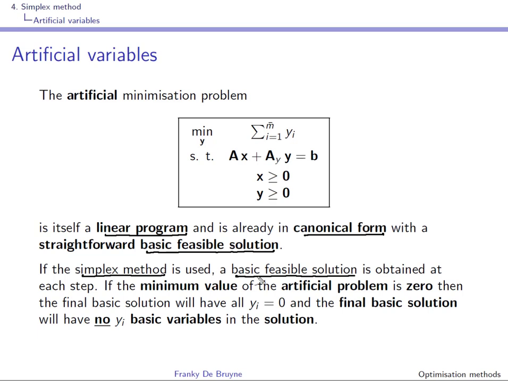If the optimum corresponds to a 0 cost, this means that all the artificial variables will be 0. So you'll find a final basic solution that is feasible, of course, and in which all the artificial variables are set to 0.